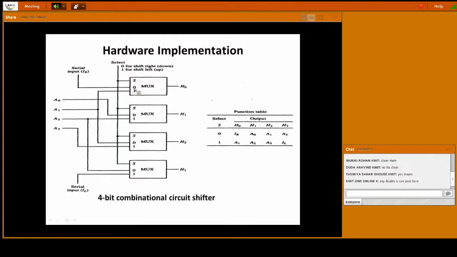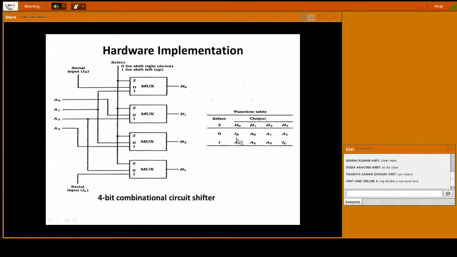Now let us see what the input lines connected to the multiplexer are. One is the selection line, which can be either 0 or 1. To get the output H0 from the first multiplexer, what are the two inputs to be given?